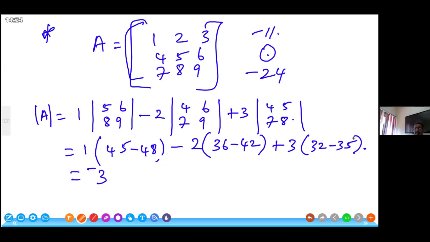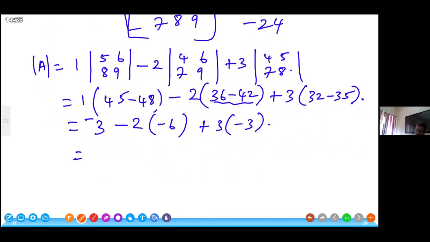So everybody's not sleeping, everybody's woken up. Good. Right, minus 3 minus 2 into minus 36 minus 42, that is minus 6, plus 3 into minus 3.